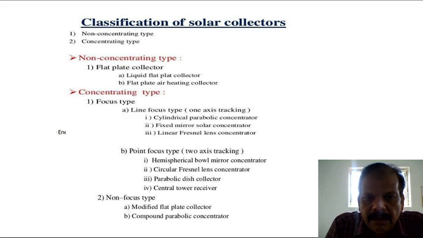Another one is the point focus type, where we have the hemispherical bubble mirror concentrator, circular Fresnel lens concentrator, parabolic disc collector or central tower receiver. All these come under point focus type. There are also non-focus type collectors: the modified flat plate collector and the compound parabolic concentrator.